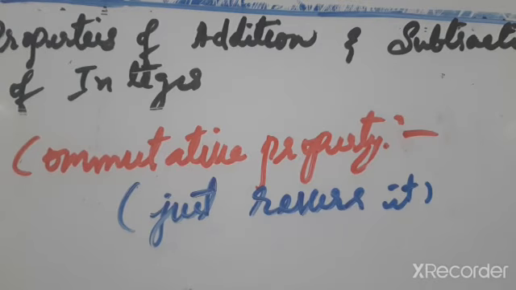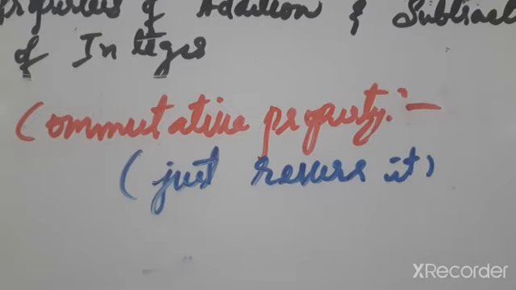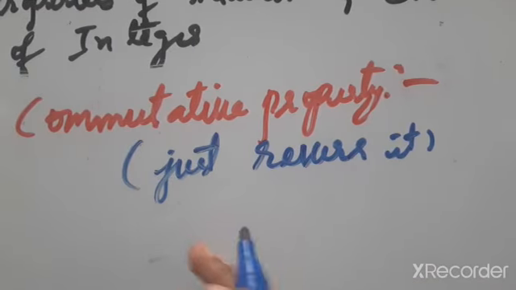For example, 8 plus 3 means 3 plus 8, that's all. The whole numbers can be added in any order. In other words, addition is commutative for whole numbers. Just to understand, commutative property means just reverse the numbers.